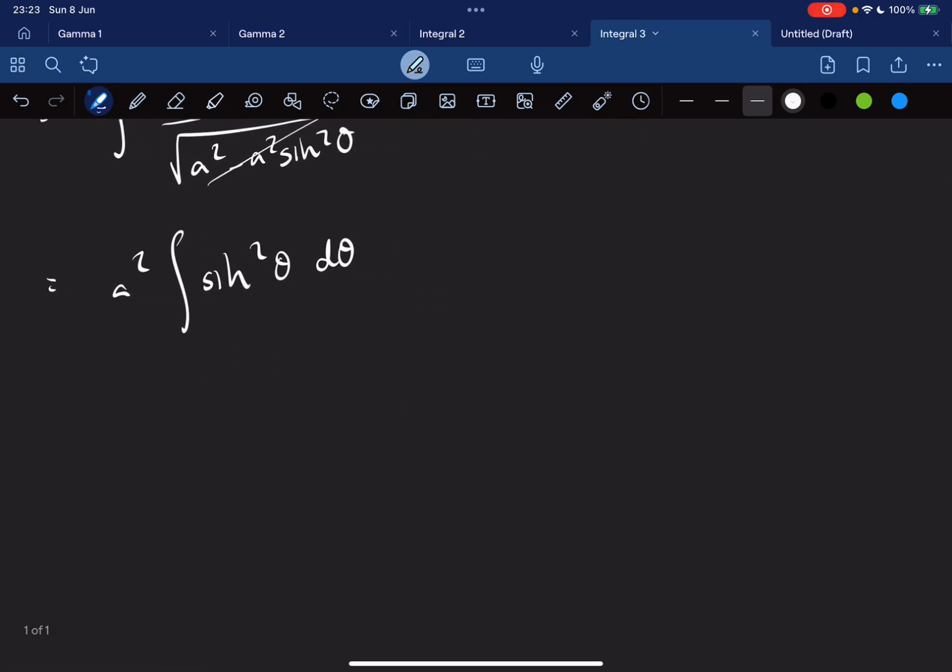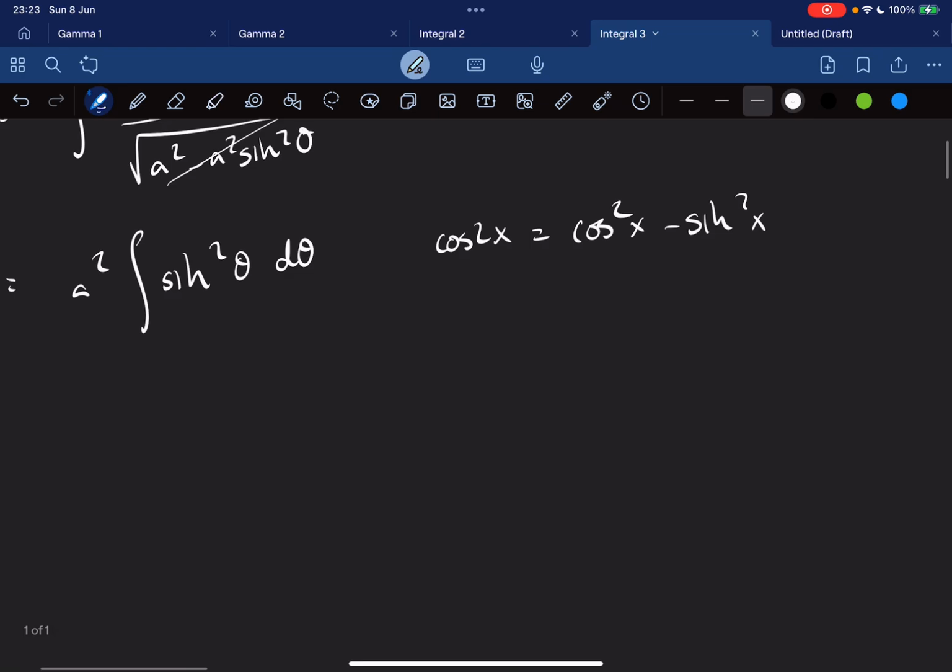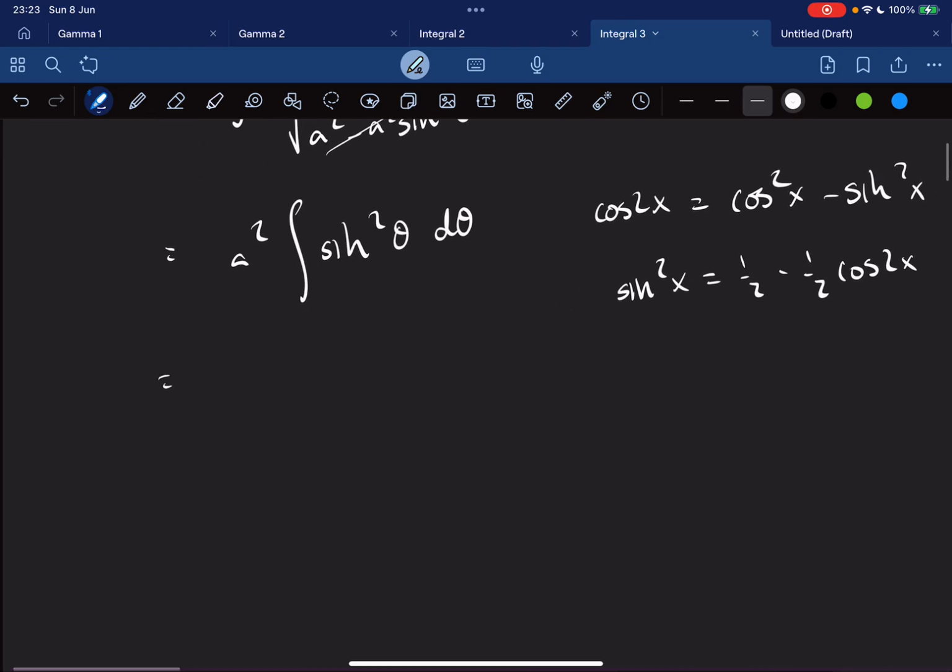So we're going to go with using our double angle formula substitution. So cos 2x is going to be cos squared x minus sine squared x. And through some trig identities, we arrive that sine squared x is 1/2 minus 1/2 cosine 2x. So we're going to factorize that half out, and we're going to have a squared over 2, and the integral of 1 minus cos 2x.